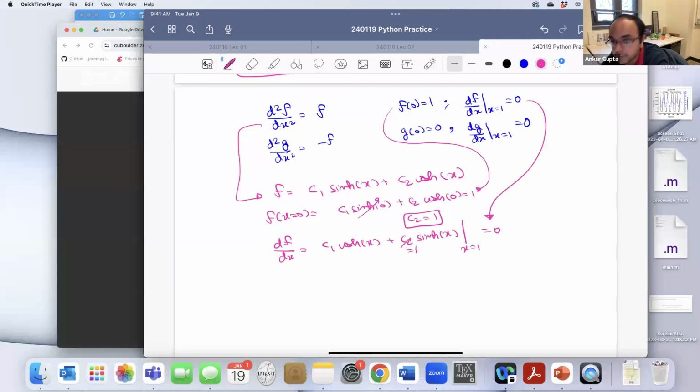So we get c1 cos of 1 plus sinh of 1 is equal to 0, or rather c1 is equal to minus sinh of 1 by cos of 1. Okay, so that is our result.